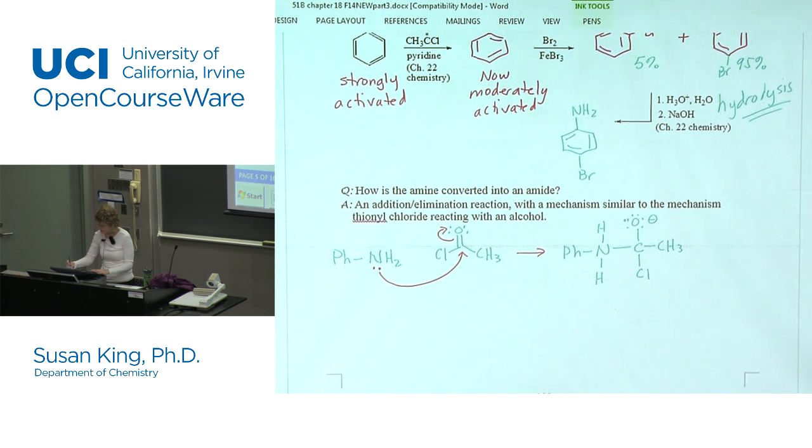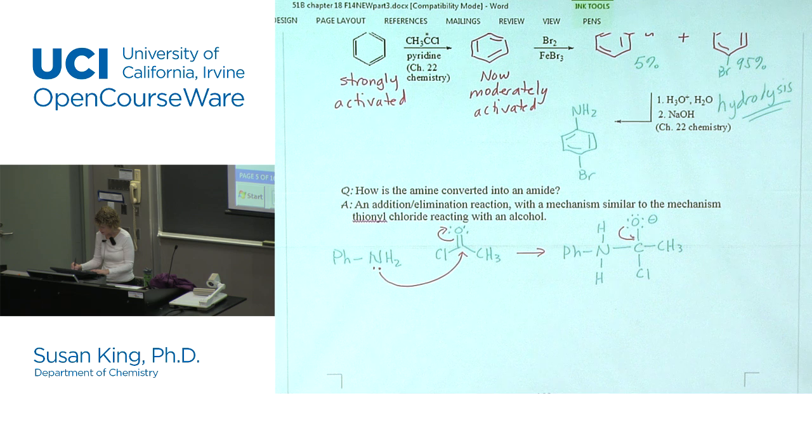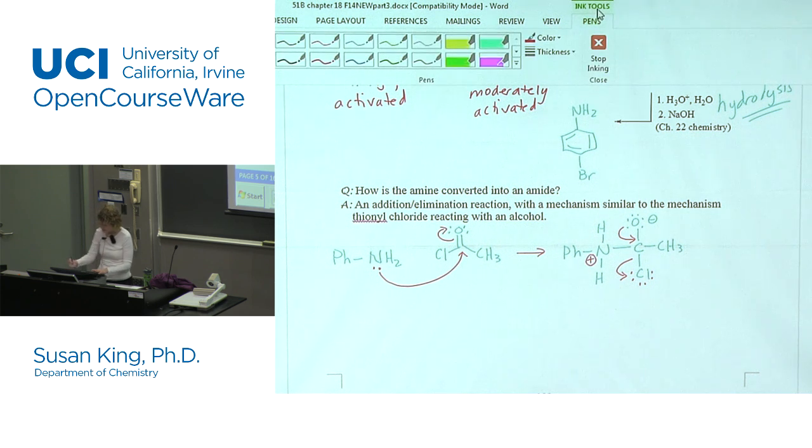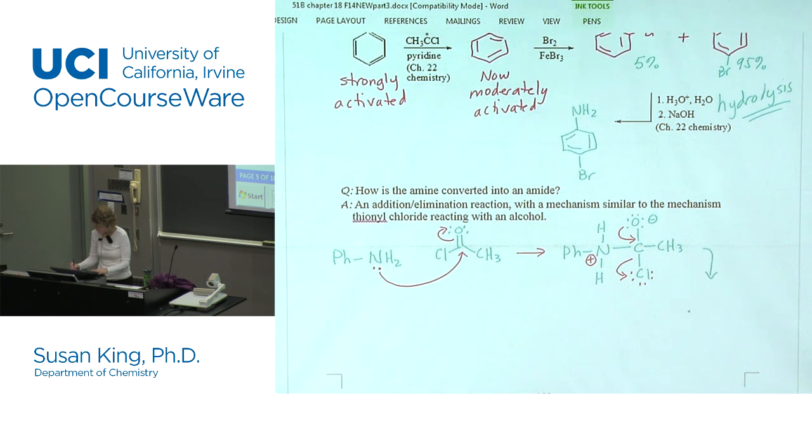All right, and then what happens after that? The electrons on oxygen come down and we kick off chloride. So this is like the tosyl chloride mechanism. This is like the thionyl chloride mechanism. We do have a positive charge on the nitrogen, and that's why we have the pyridine, to deprotonate that nitrogen.